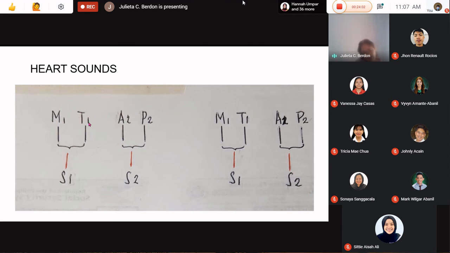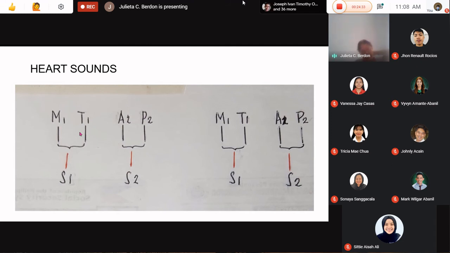Okay? And then, why is it delayed? Because the right bundle branch is blocked, so the impulse will travel down the left bundle. The depolarization of the heart will then spread from the left ventricle to the right by intercalated discs, cell to cell.